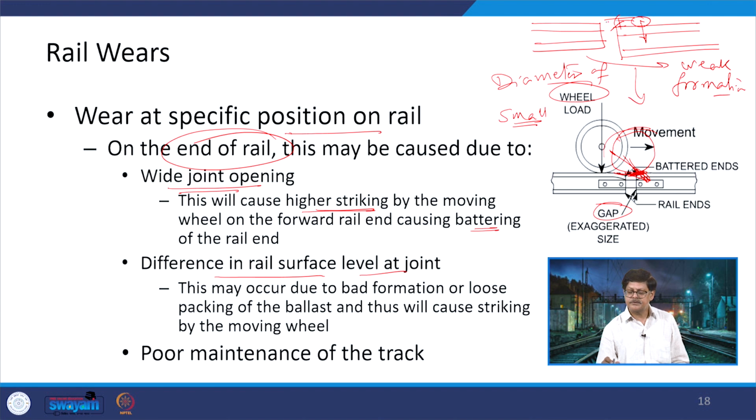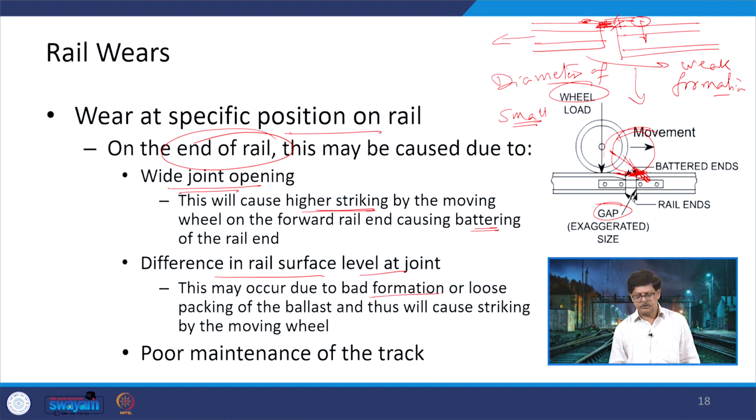When this wheel comes in the forward direction, assuming in this case that the train is moving in the left side direction, there will be this gap, and because of this gap the train will hit hard on this particular location. So, the end of the rail will be hit hard and there will be a sort of wheel jump here. So, this is also a problem.